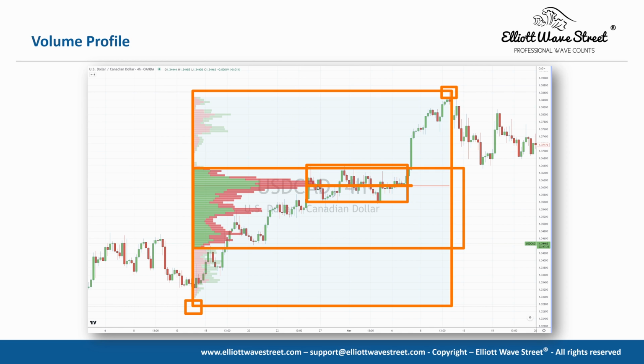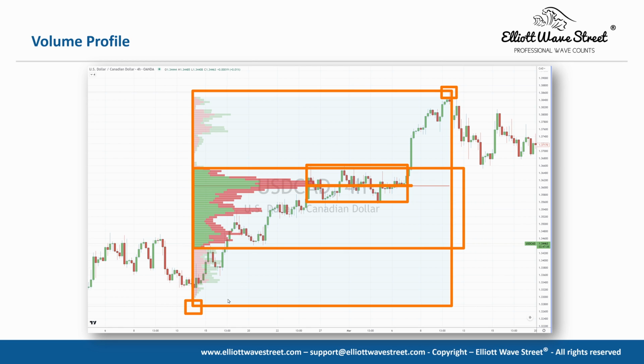So it's where the data was more time. That's the point of control, and that's the fair price. And it makes sense, because we have a balanced market. So that's the strongest volume according to the volume profile.